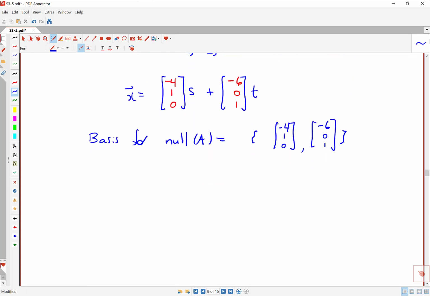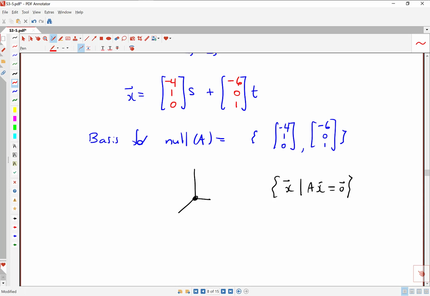So let's talk geometry then. We are in 3D. We're talking about the set of vectors x that solve Ax = 0. That's formally called the null space of A. And we figured out a basis for that set. So let's think of these two vectors here as being our direction vectors, and what they're describing is a certain plane through the origin in space.